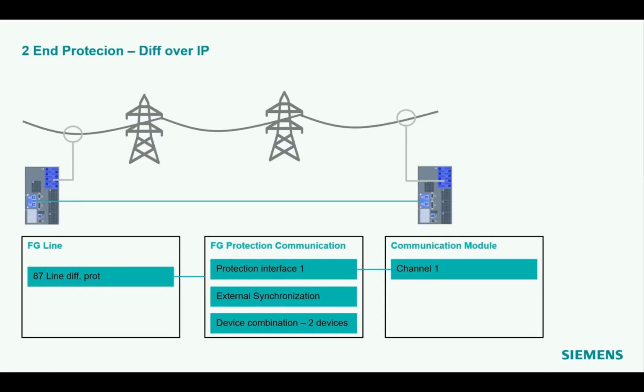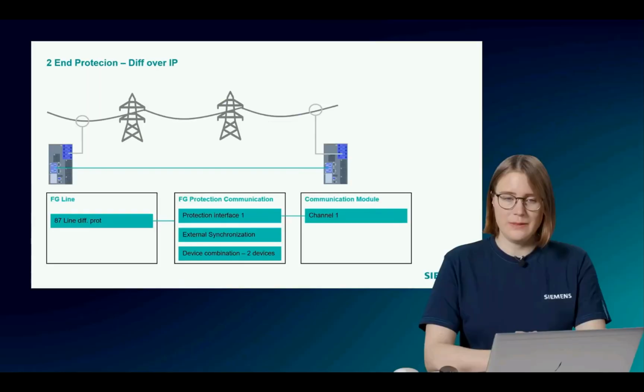In this setup, we have one protection function group line with the main protection function line differential protection running in it, and one function group protection communication with one protection interface, and of course, again, this block device combination.